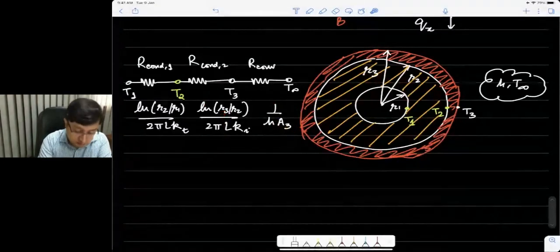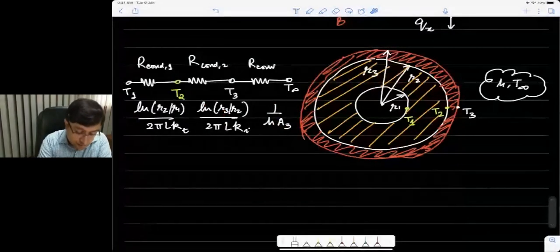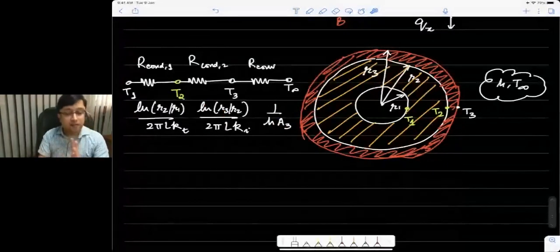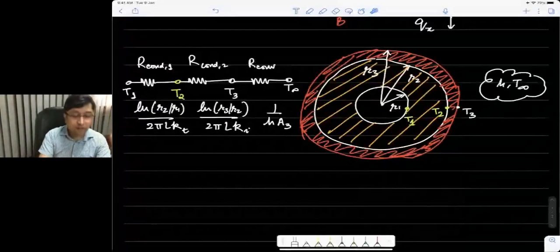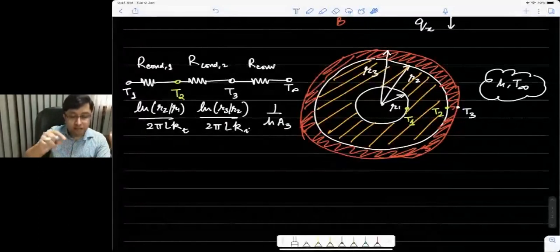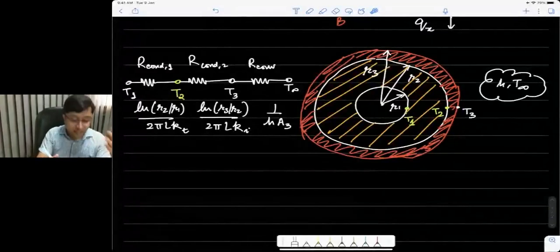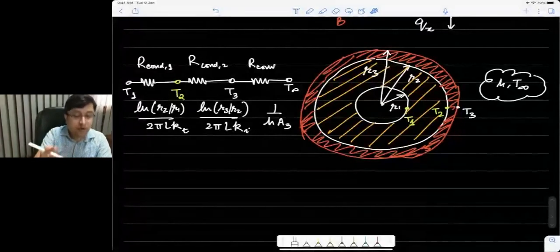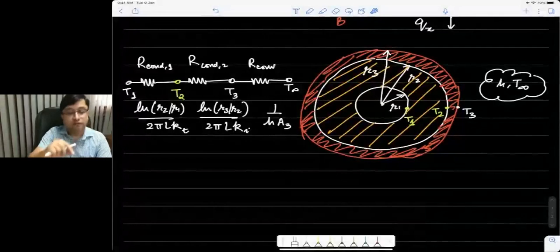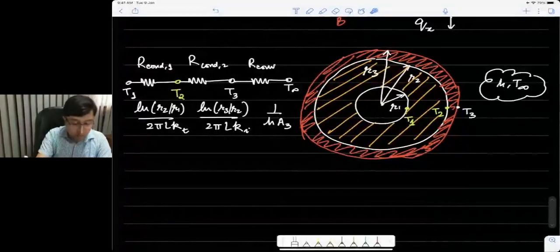Looking at the interplay between these two numbers, log of R3 and 1 by R3, initially 1 by R3 decreases faster than log R3 increases. But at some point, log R3 will take over, and 1 by R3 will not decrease at the same rate as log R3 increases. So you will have an increase in overall resistance.